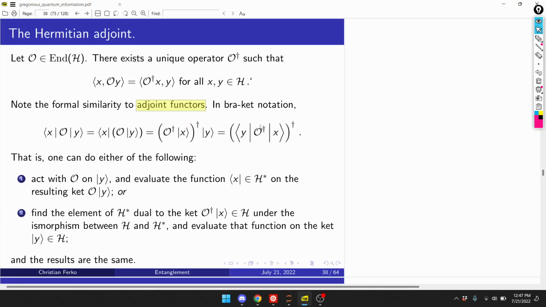Okay. All right. Good. So let me write what physicists write for this adjoint. Well, in bra-ket notation, how would we say this?